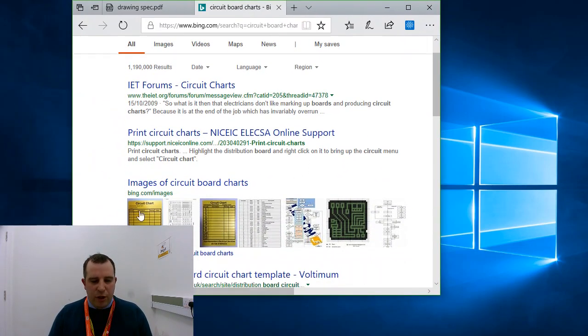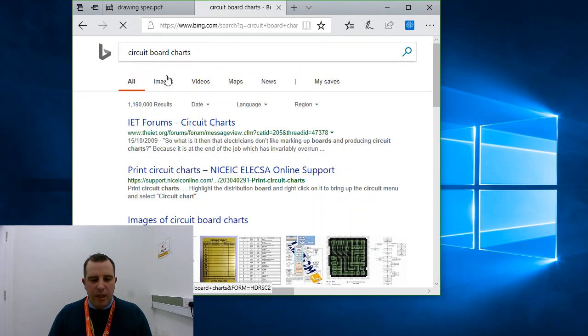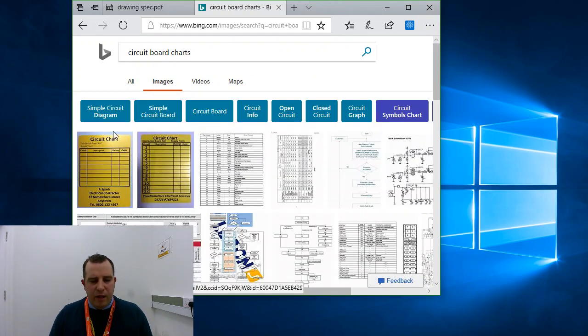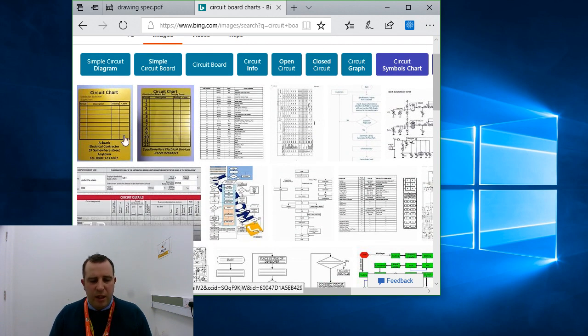If you look at circuit board charts, you get many images of these. If you take an image of any of these, it could be something like this. It would be nice to have one for every one of your fuse boards.